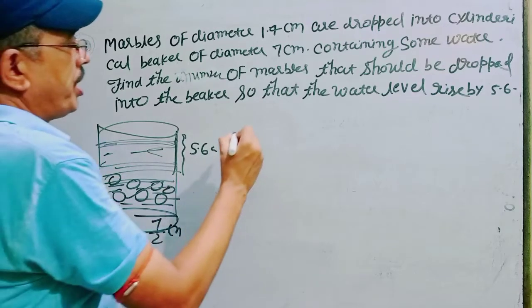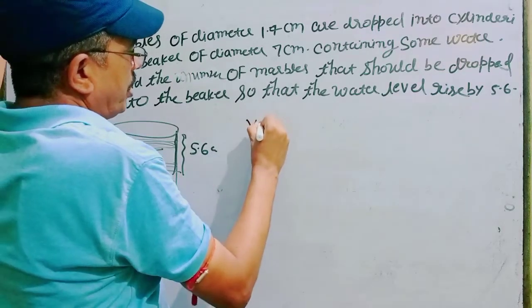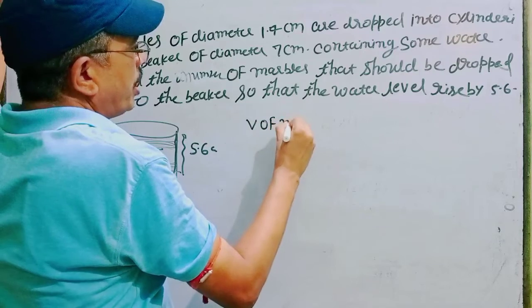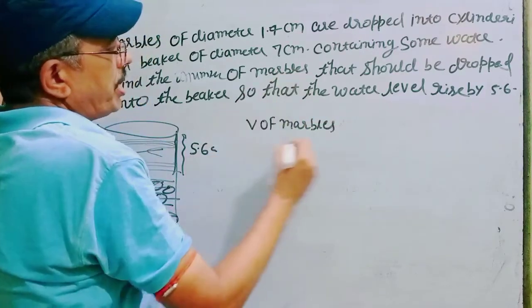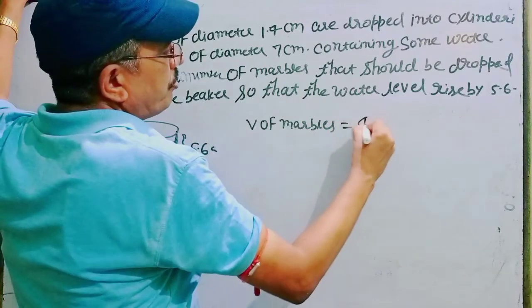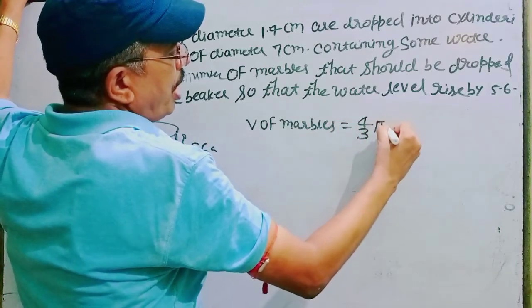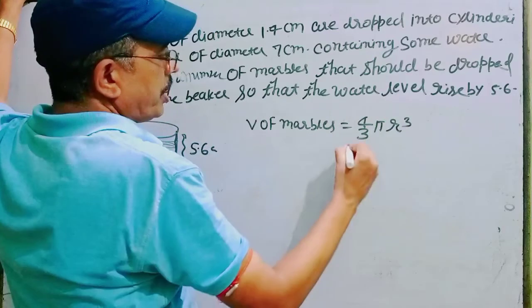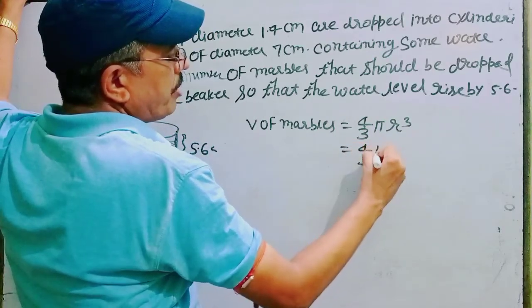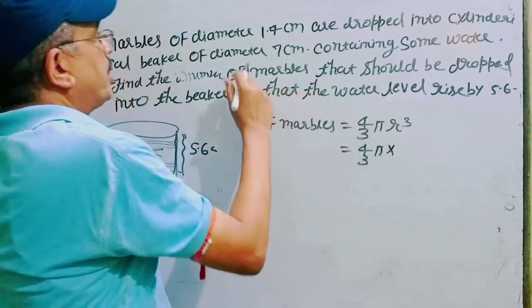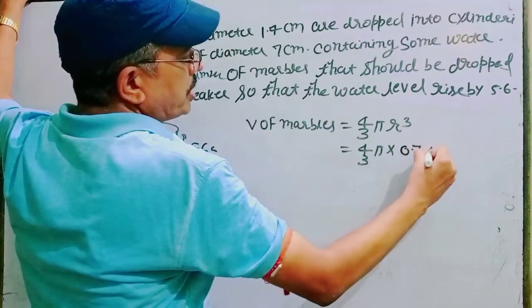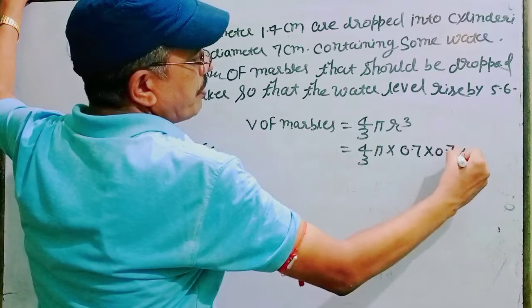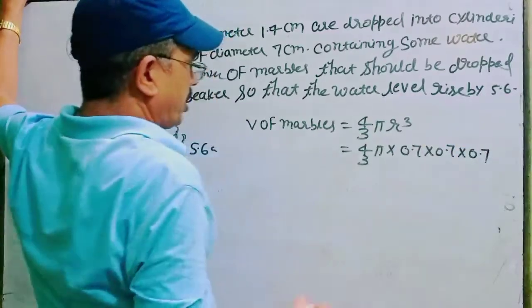So first we find the volume of a marble. Volume of marbles is always in the form of a sphere. So volume of marble is equal to 4 by 3 pi r cube. That means 4 by 3 pi, and diameter is given 1.4 cm, so r is 0.7 into 0.7 into 0.7.